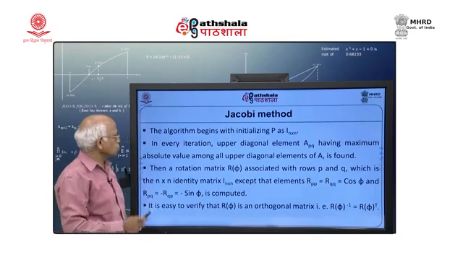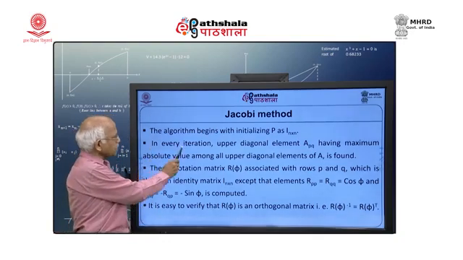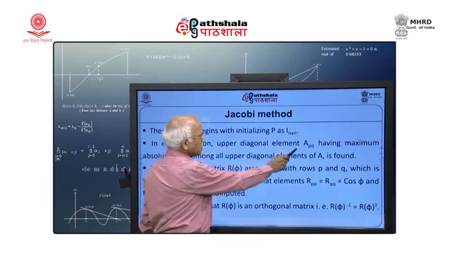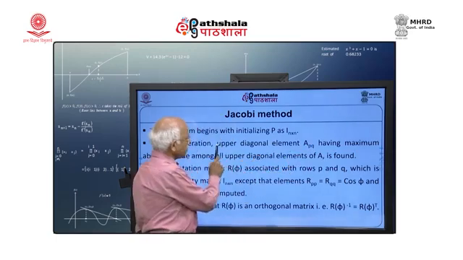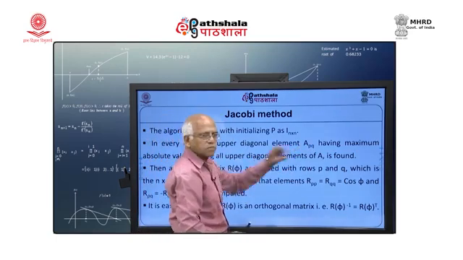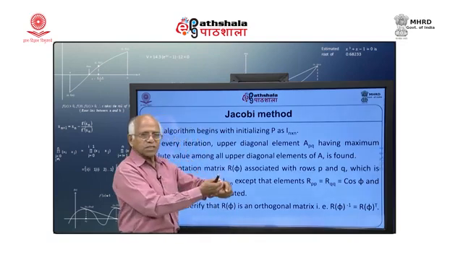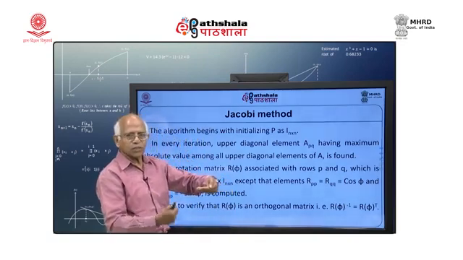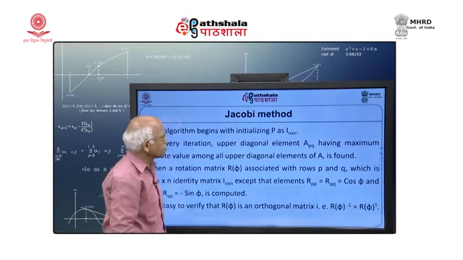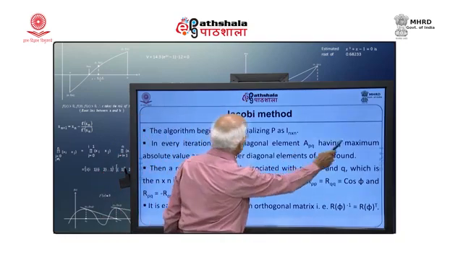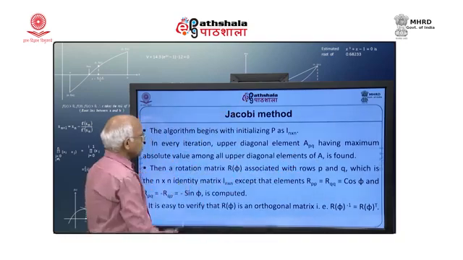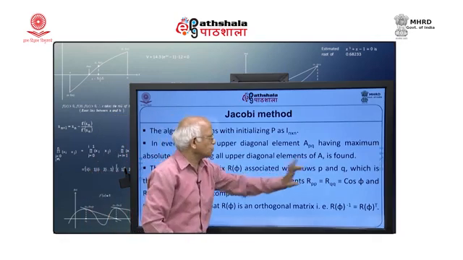In every iteration we consider the upper diagonal element A_PQ, because A is a symmetric matrix. If I do this, the same thing will happen to the other element also. So, the A_PQ having maximum absolute value among all the upper diagonal elements of A is found.